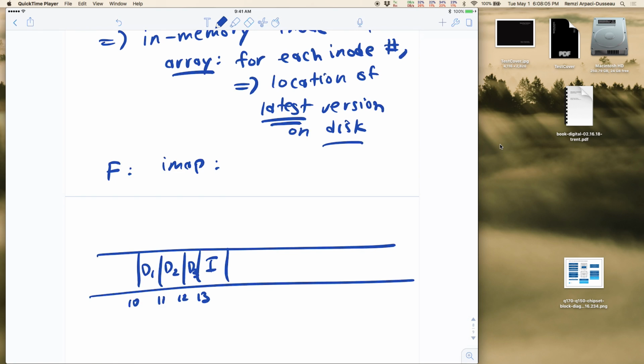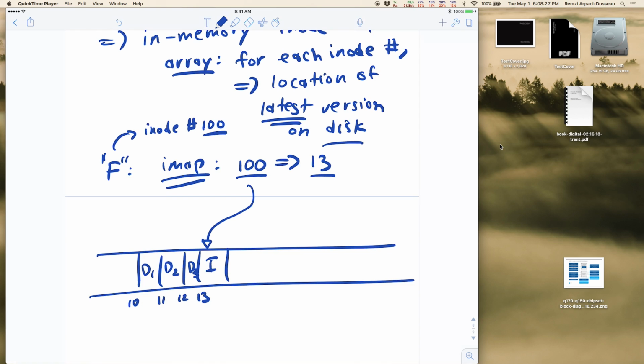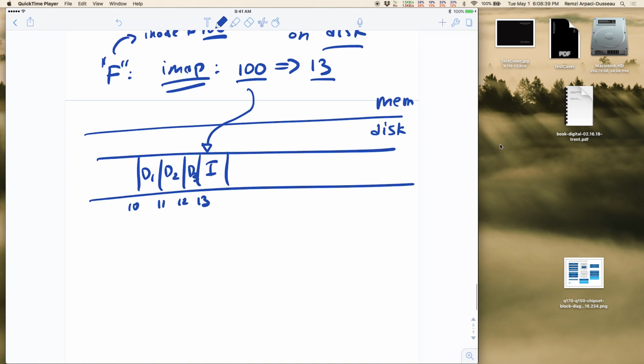And let's say for file F, the low-level number was inode number 100 or something like that. What the inode map, or IMAP, would say is that inode 100 is located at address 13. It tells us for this inode number, this is where it is. And again, this is in memory, just for now, and this is on the disk. So in memory, we have a structure that for any inode number tells us where it is.